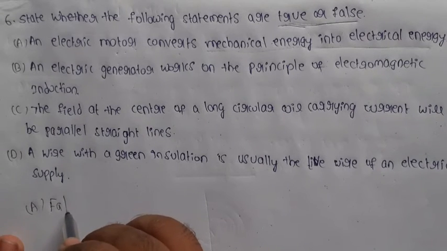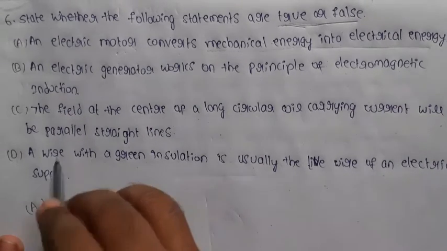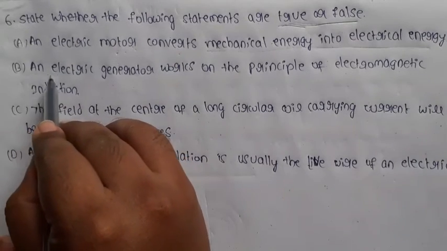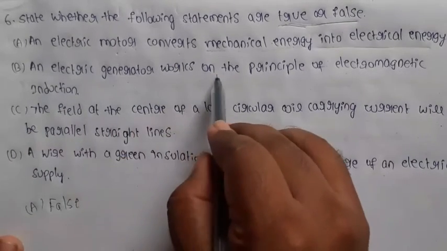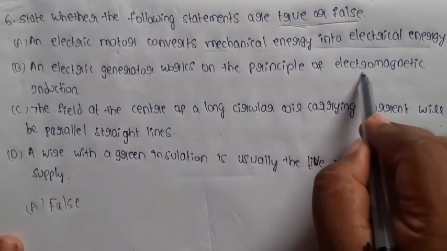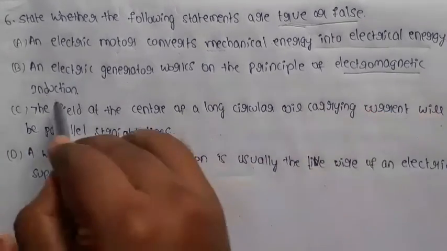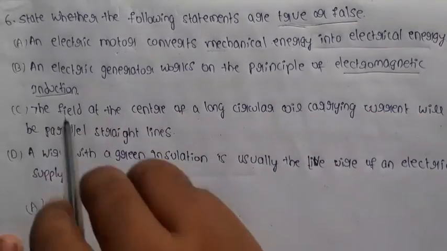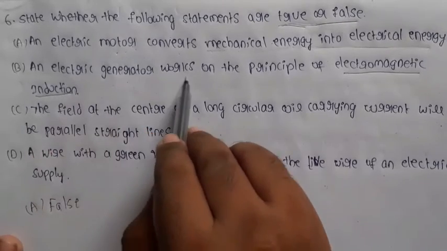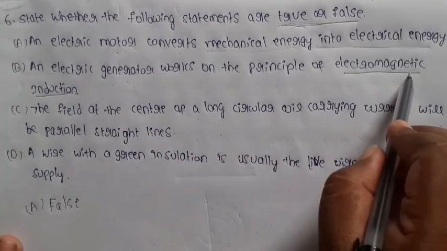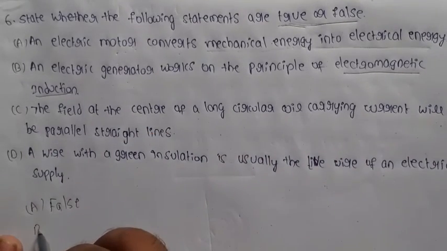Okay. So coming to option B, an electric generator works on the principle of electromagnetic induction. This is correct. Straight question. Electric generator works on the principle of electromagnetic induction. So that is true.